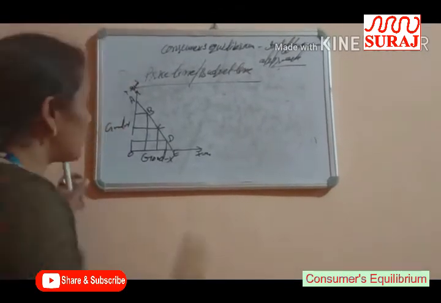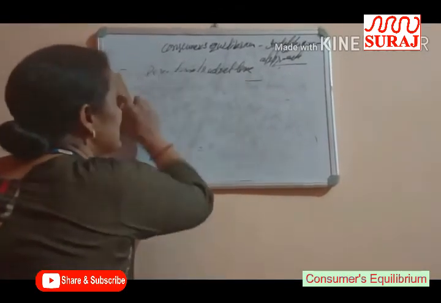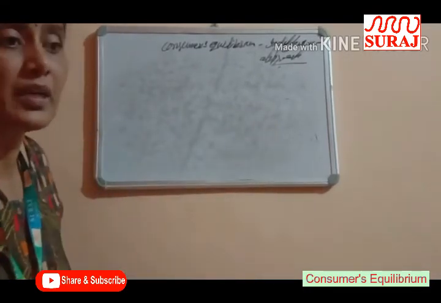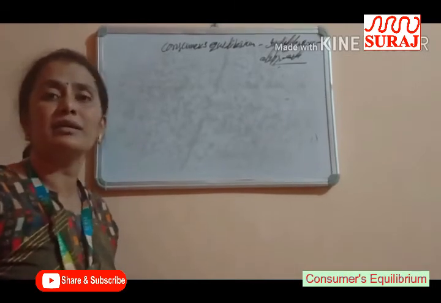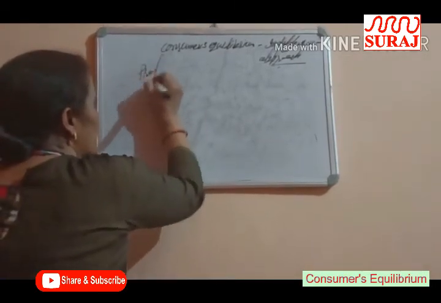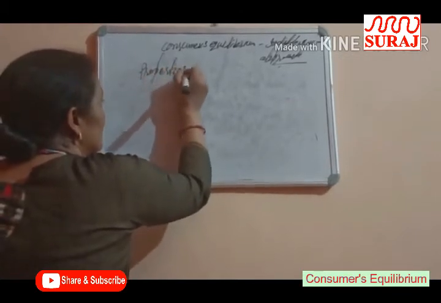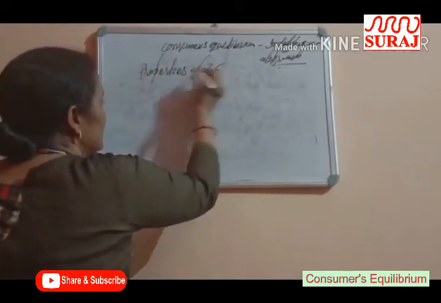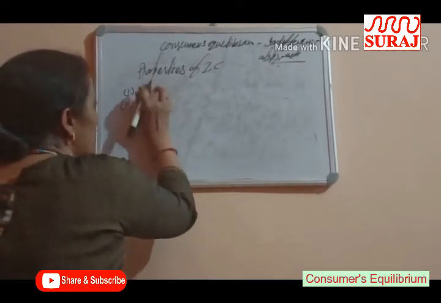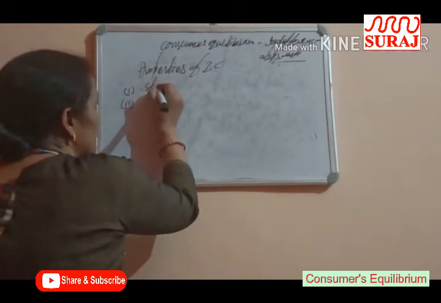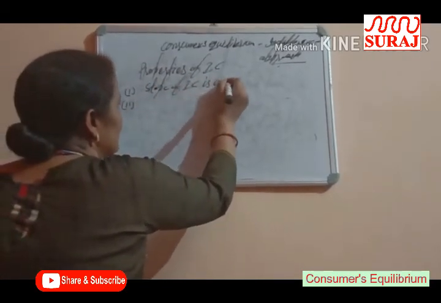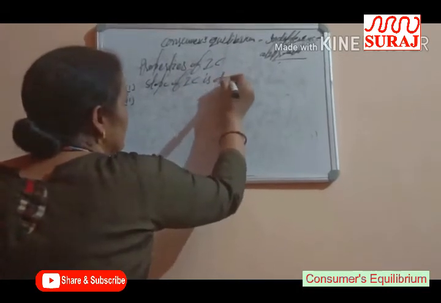Then we talk about the properties of IC. The shape of IC is downward sloping as well as convex to the origin. Next, the properties of IC. First is the slope of IC: the slope of IC is downward.